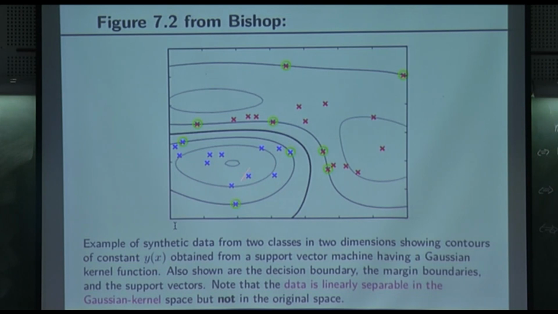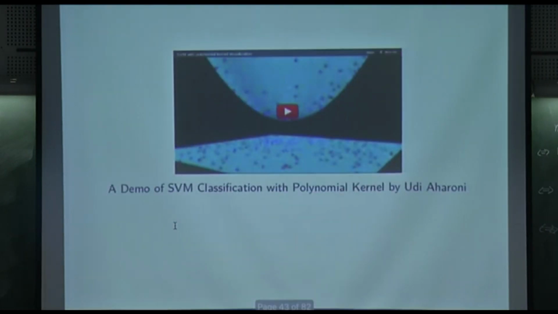These 2 classes are not linearly separable in the original space, but the data is linearly separable in the Gaussian kernel space. Because of the curvilinear shape, it can't be separated linearly, but it can be done with Gaussian kernels. The last thing I want to show you is this little picture.